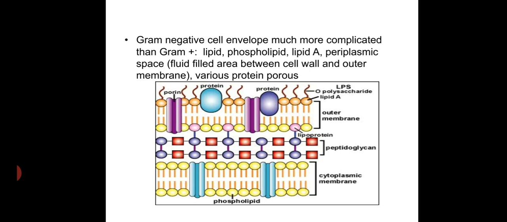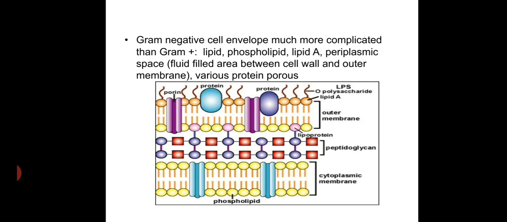And here this picture once again describes the detailed cell wall structure of the Gram negative cell envelope. This is much more complicated than Gram positive because it contains lipid, phospholipid, lipid A, periplasmic spaces.